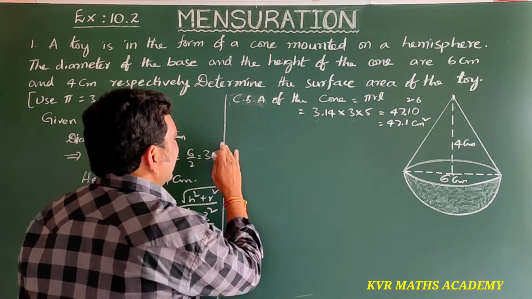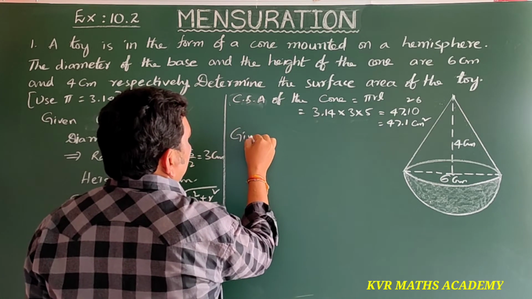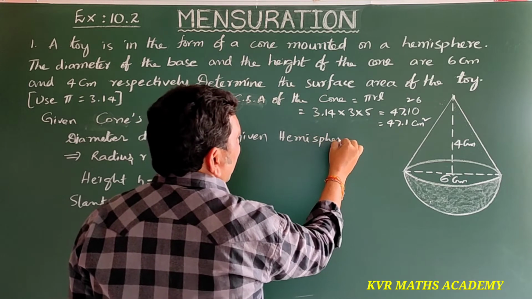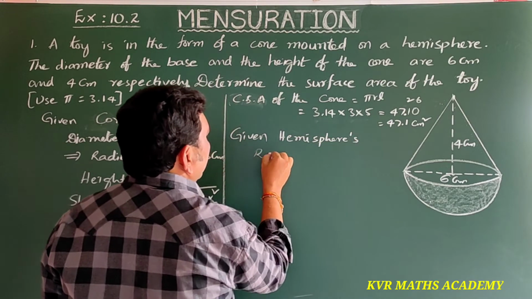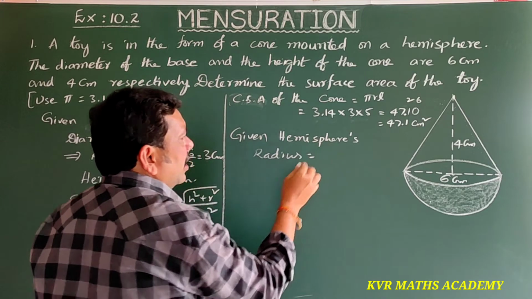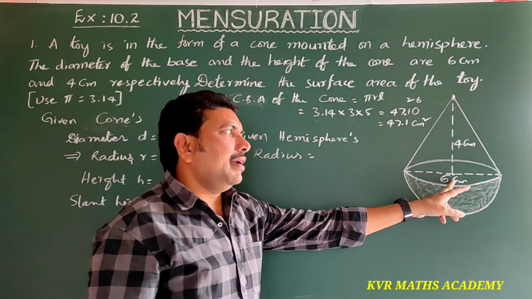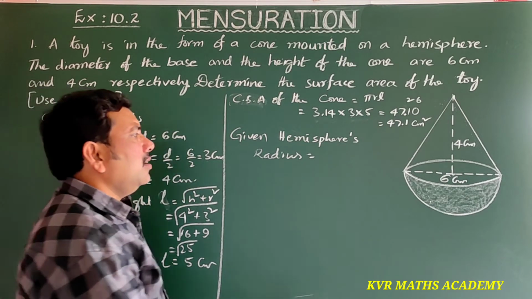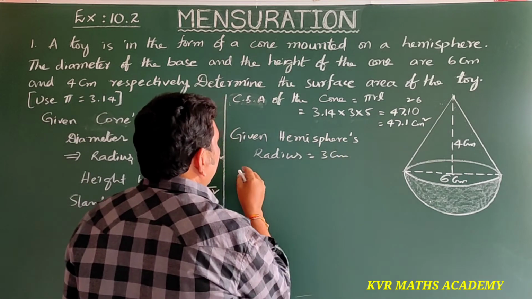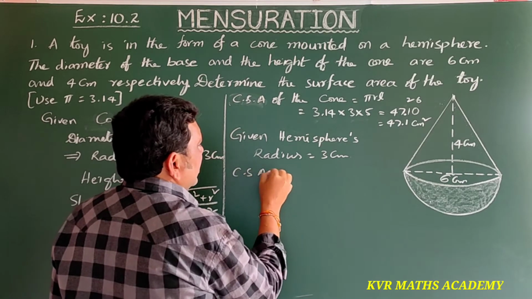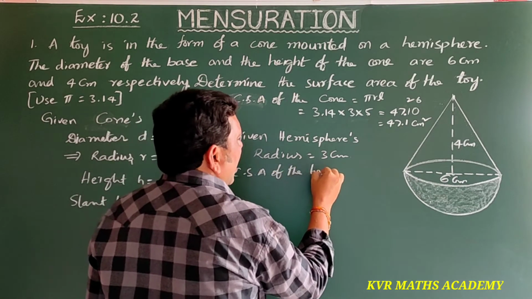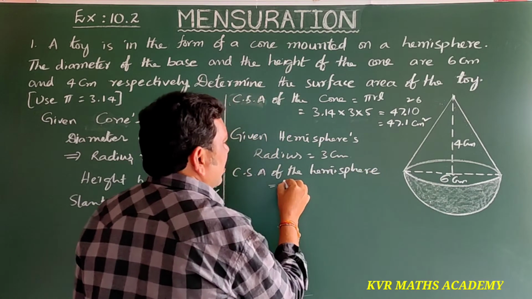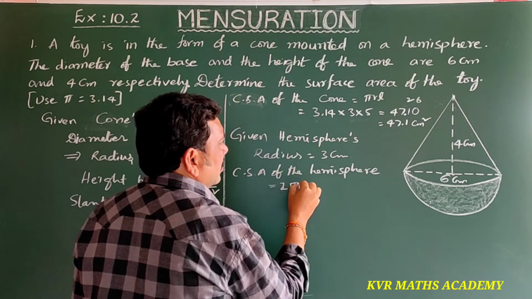Next, given hemisphere: radius is equal to how much? Diameter is 6 centimeters, and we have already found the radius, that is 3 centimeters. Next, the CSA of the hemisphere. What is the formula? 2 pi r square.